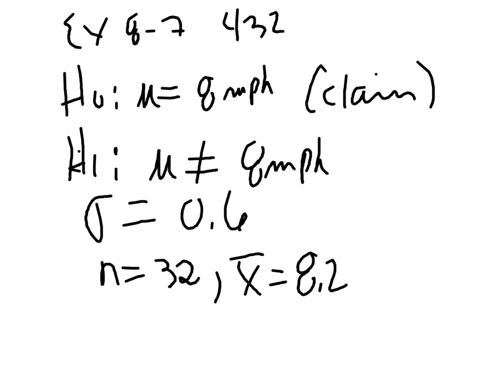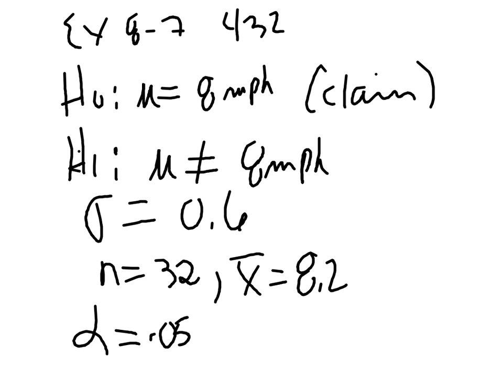Well, 8.2 is definitely bigger than 8, but we don't know if it's significantly or statistically bigger than 8. So that's what we're going to have to use our z-values and p-tables for. Okay, and notice that our alpha is 0.05.